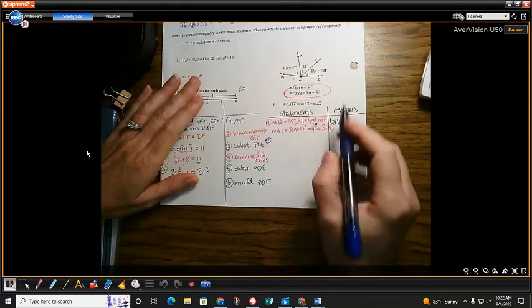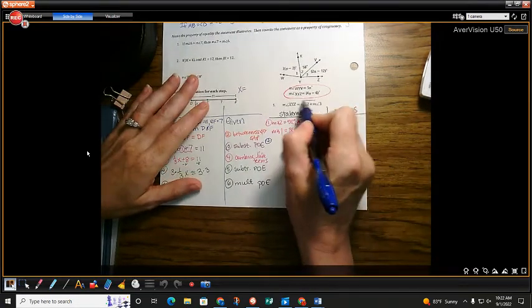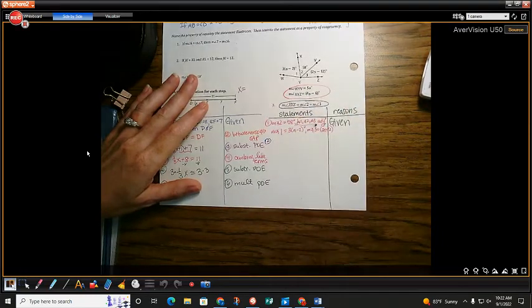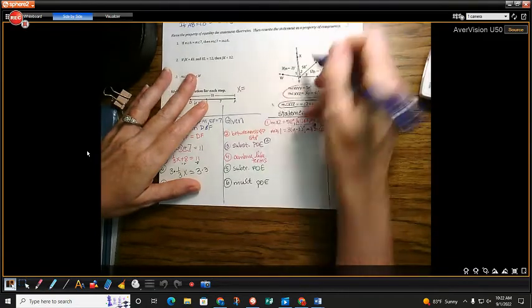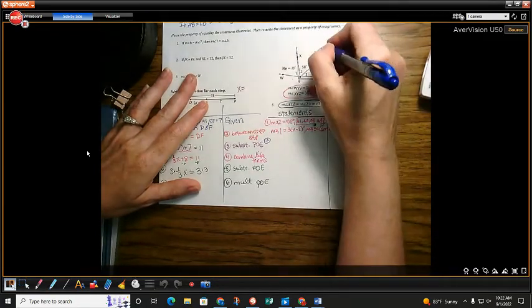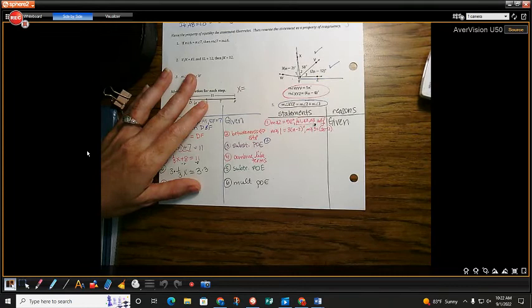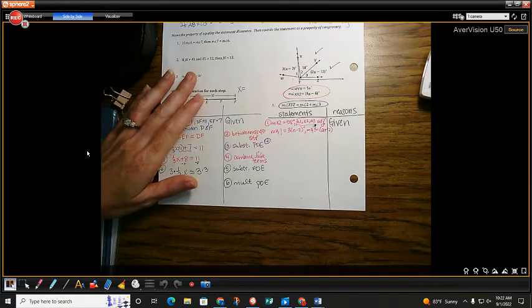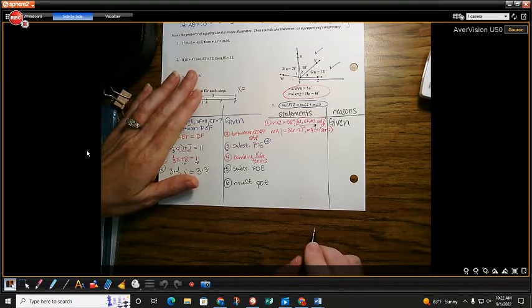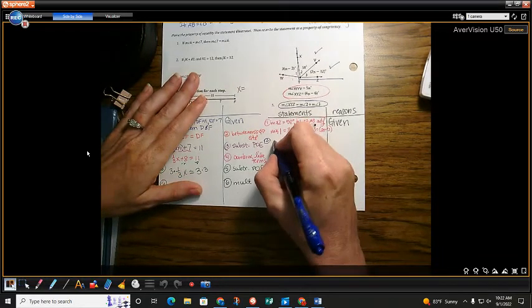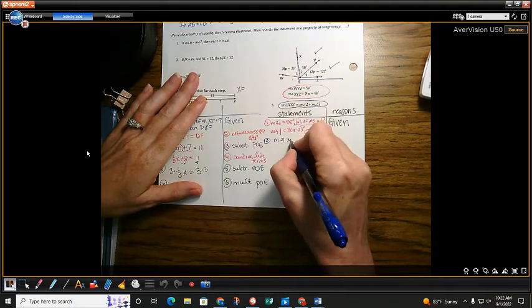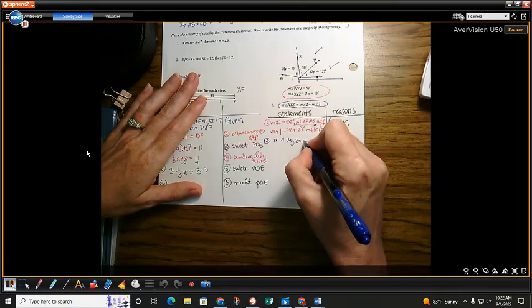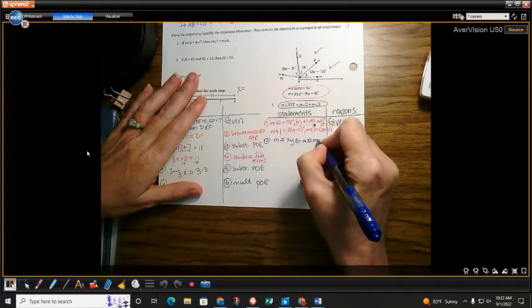So I could say, which ones do you want to add? I'm trying to say that XYZ equals angle 2 plus angle 3. So the measure of angle XYZ equals the measure of angle 2 plus the measure of angle 3.